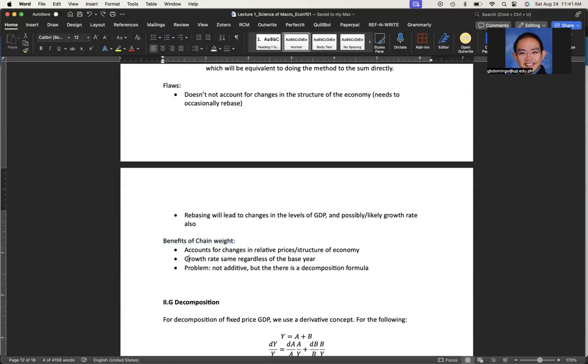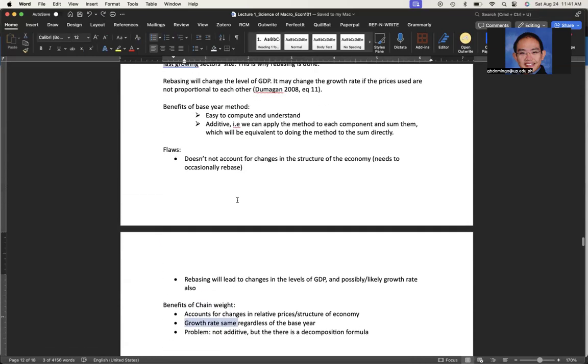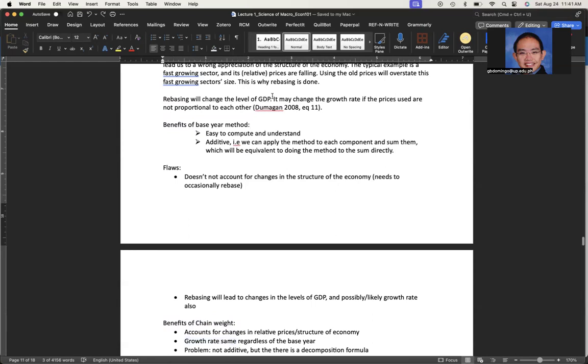So you may be wondering why this is a benefit, right? Because rebasing could change the growth rate in the past. By rebasing, you would have to revisit all of the growth rates in the past, because it will change not just the level of GDP, but the growth rate of the GDP over time, if the prices that are used are not proportional to each other, right?